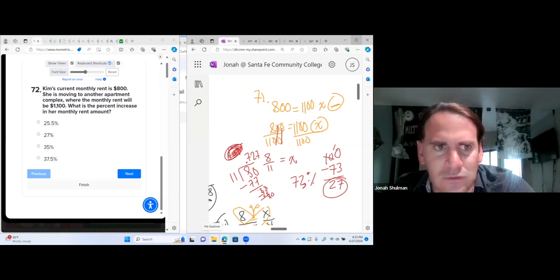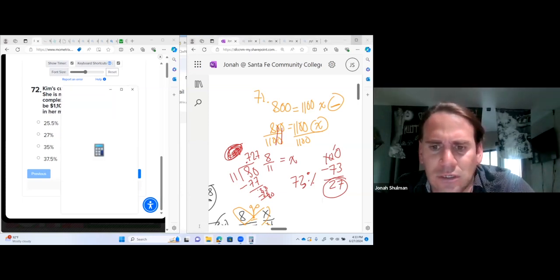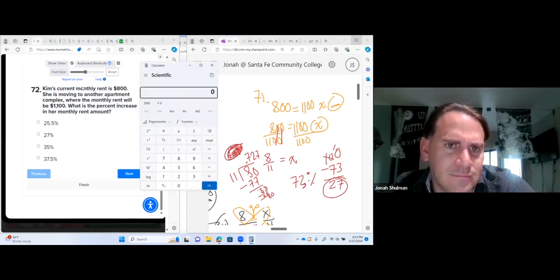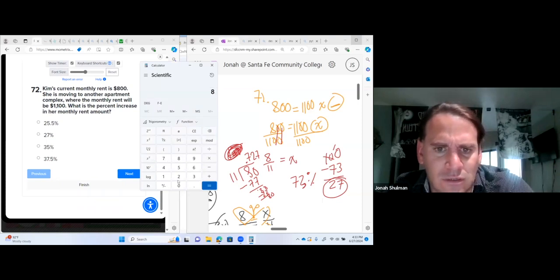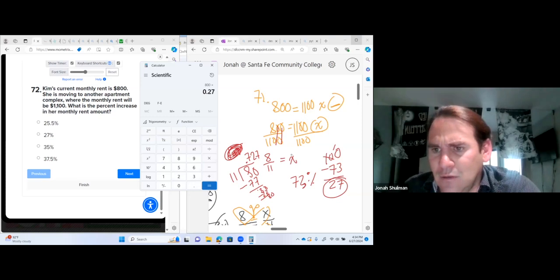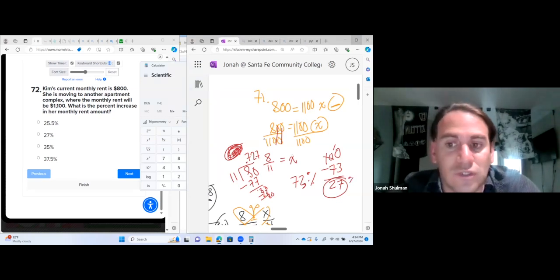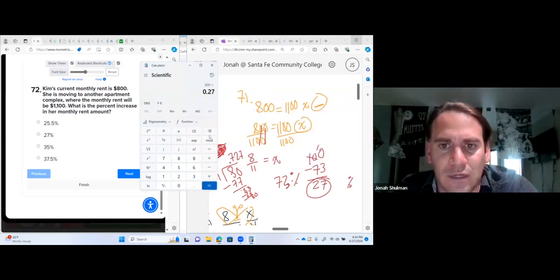But let's use a calculator to see what's really going on here. So if I have 800, what is 800 times 0.27? Because remember, percent means we have to divide it by 100. So the first thing I'm going to do is 27 divided by 100, and that's how I got the 0.27.